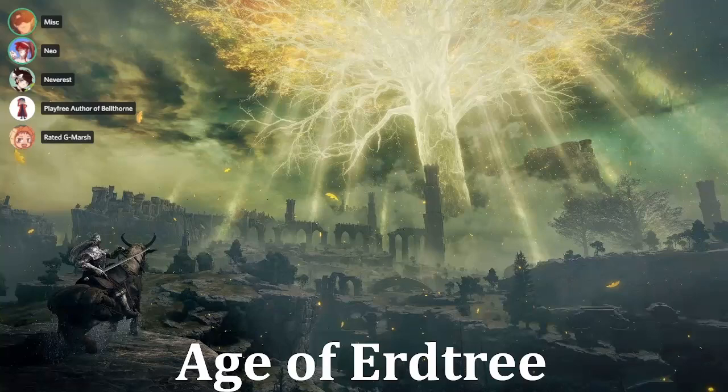And we know a couple members from the Golden Lineage that are not the direct offspring of Marika and Godfrey. There is a Phase 1 reskin of Godfrey in the Golden Lineage Evergaol in the Altus Plateau referred to as Godfrey the Grafted, who exists for some important reason, I guess.